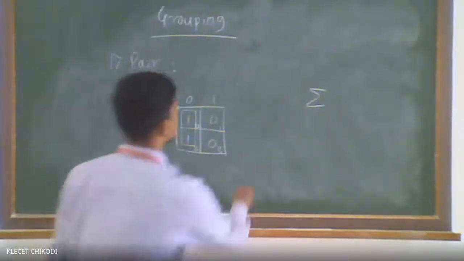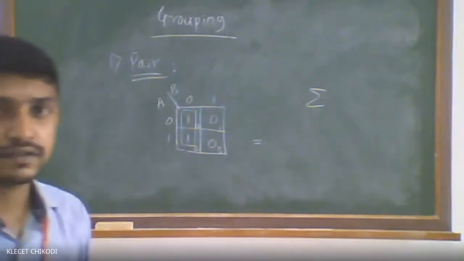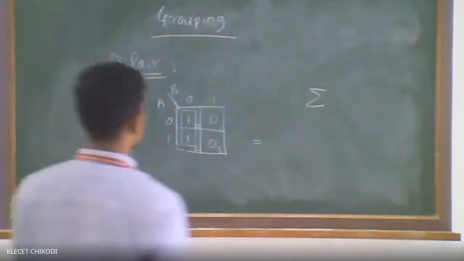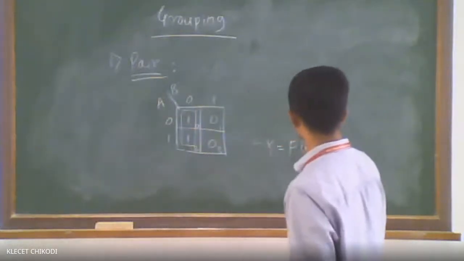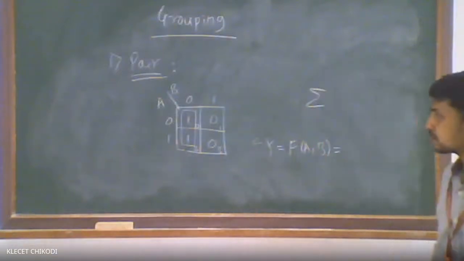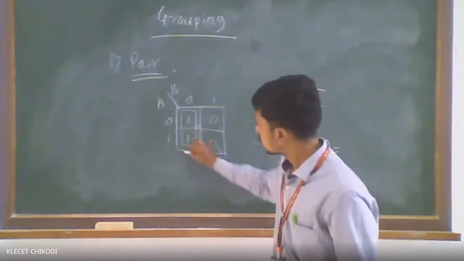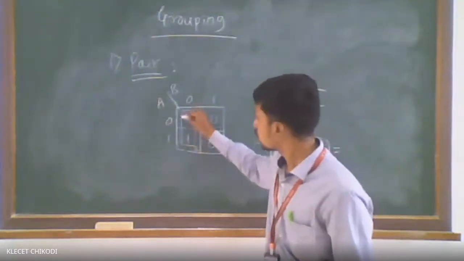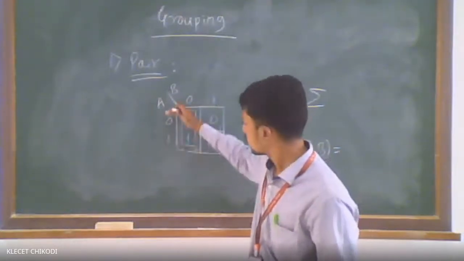Now, how to write the Boolean expression for that? If you consider Y as the function of AB, this is the pair. You have to take it row wise.